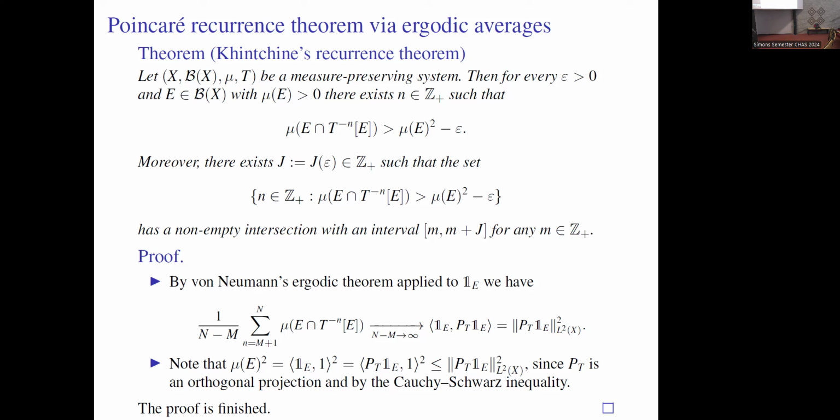Therefore we have this, and now we use Cauchy-Schwarz, and we see that this converges here to this, and we have a lower bound for this, and this has positive measure. So this converges to essentially this, and for infinitely many n we have this inequality. That's how we get this Khintchine recurrence here.